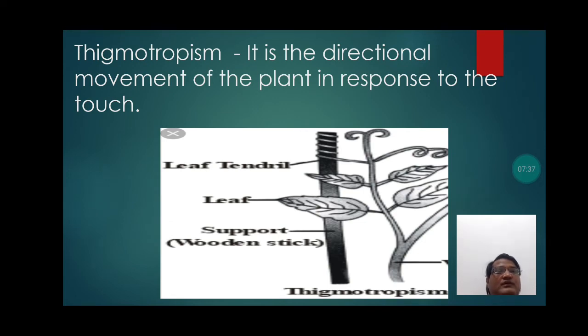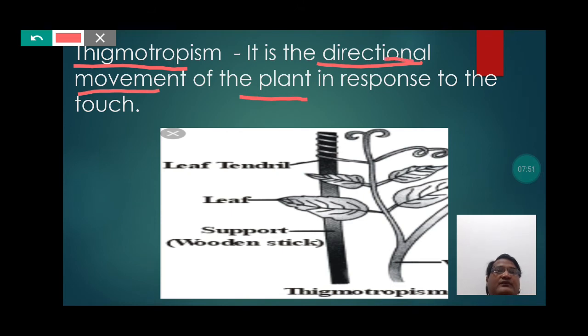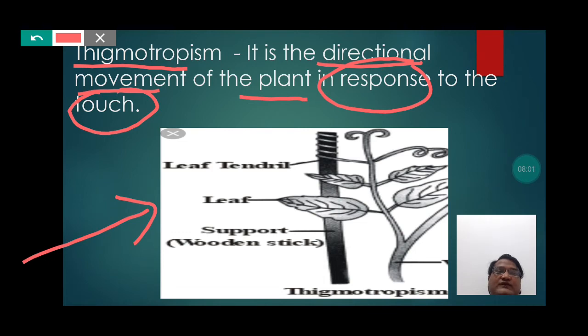Thigmotropism. It is the directional movement of the plant in response to the touch. So students, thigmotropism actually is the directional movement of the plant in response to the touch or contact. If you concentrate on this picture, you will notice that the plant does not have a solid stem.